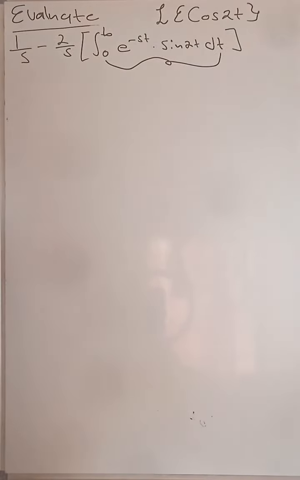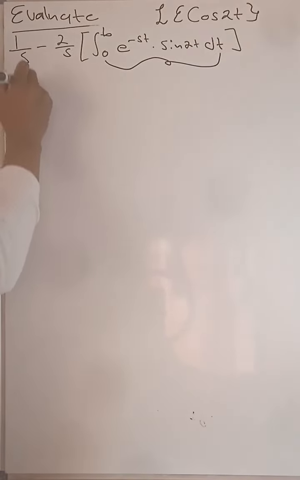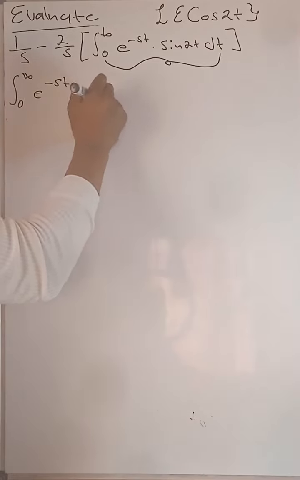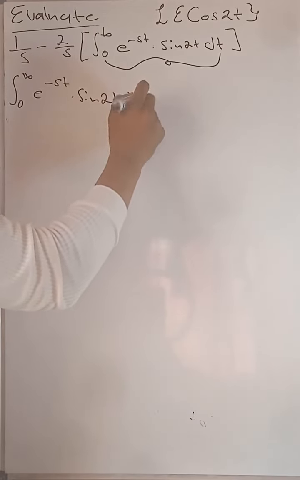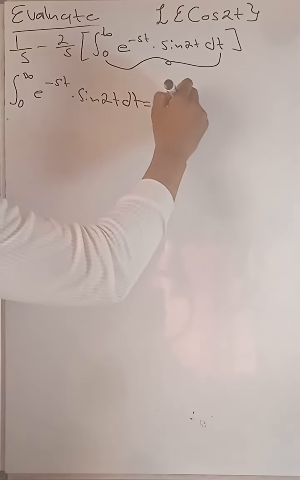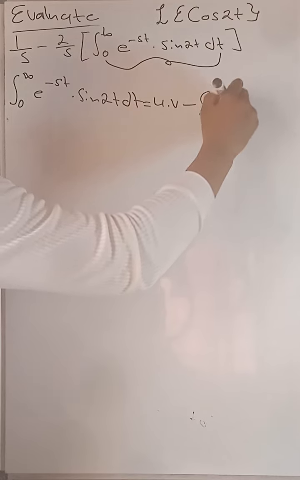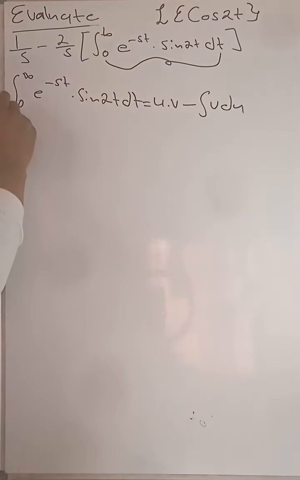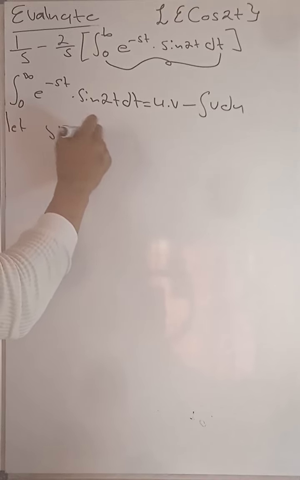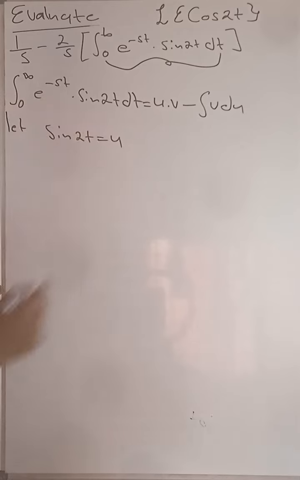If we evaluate that part alone, we are going to have the integral from 0 to infinity of e^(-st) times sine 2t dt. But you will see that this has a product of two functions, and with integration we don't actually have an exact rule. That's why we are going to use integration by parts, and this is the formula. So I'm going to let my sine 2t be u.